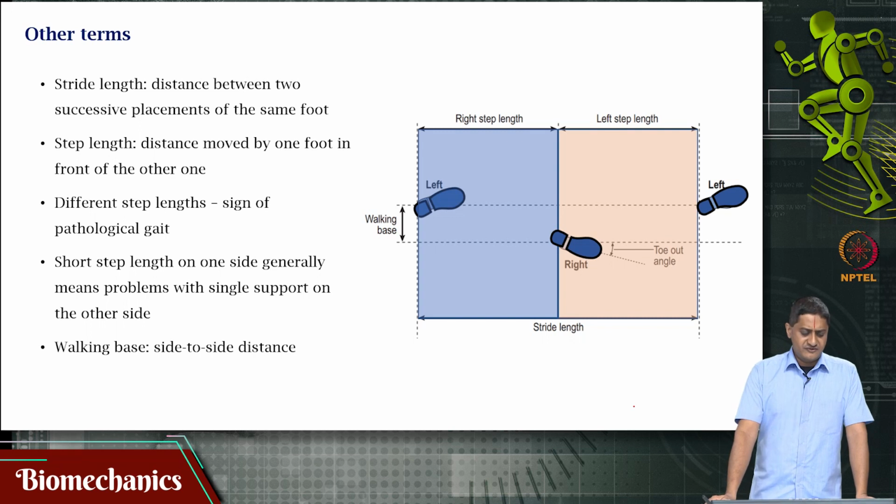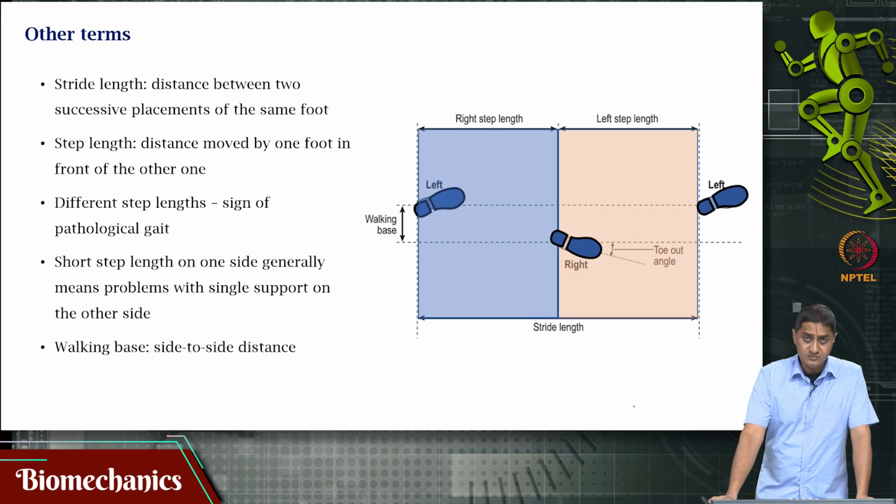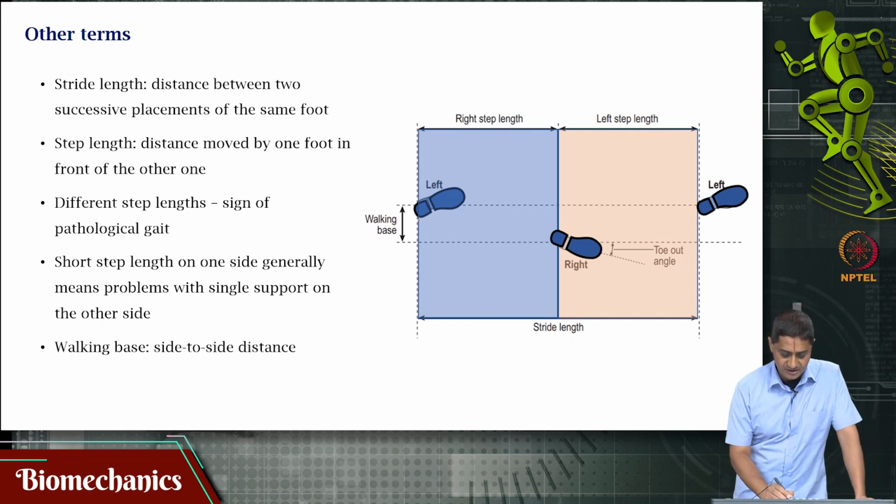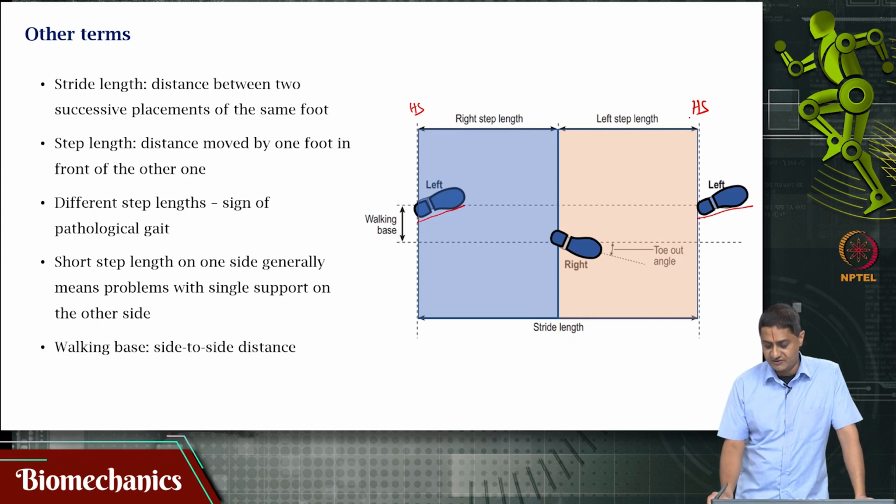Other things that are of interest are stride length, that is distance between two successive placement of the same foot. So, between one heel strike and the next heel strike of the same foot is called as stride length. For example, here we are considering the left foot, and when the left foot again undergoes a heel strike, this is one heel strike, and this is one heel strike for the left foot.